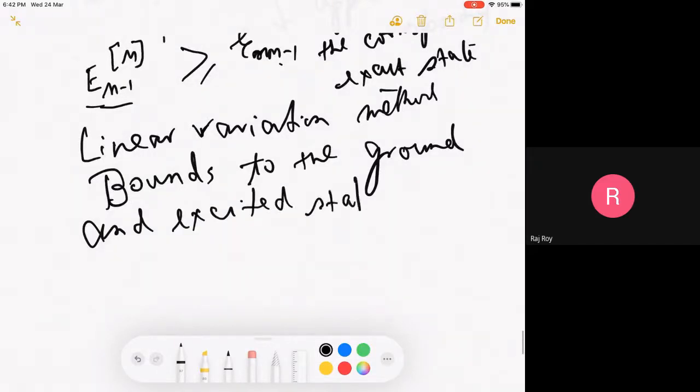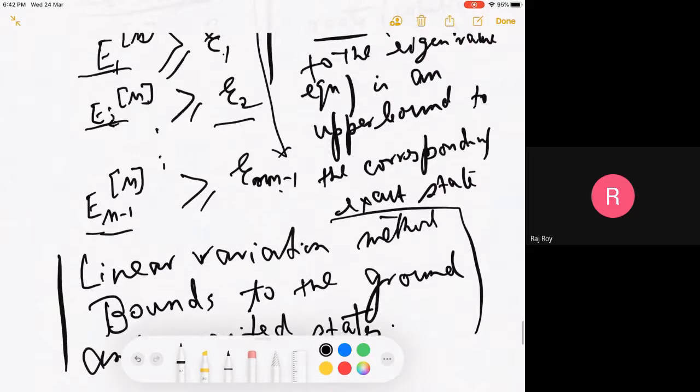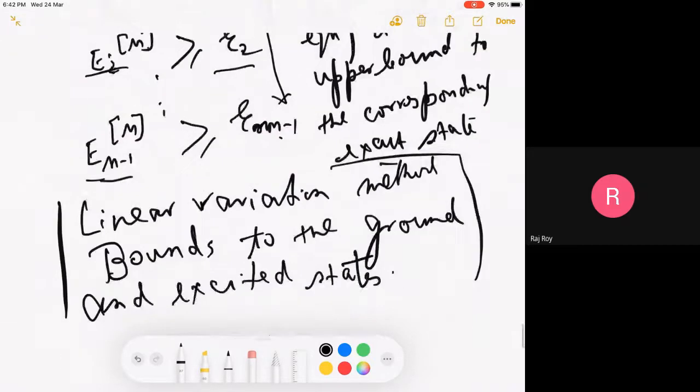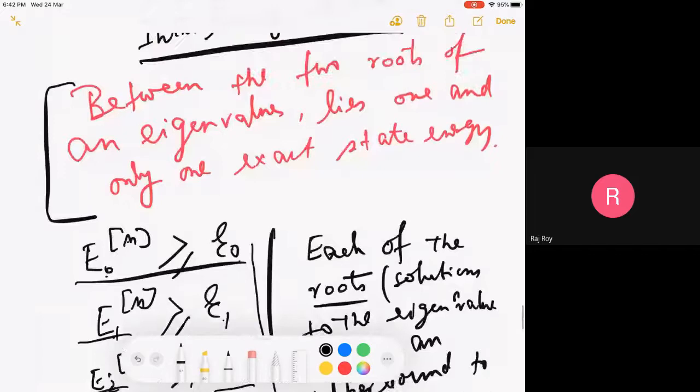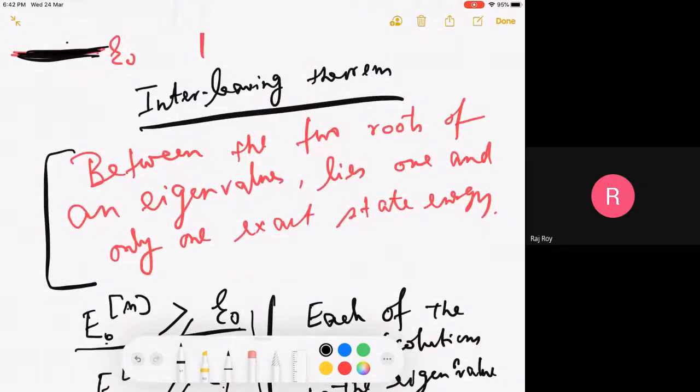These are exact excited states. This is a direct result of the McDonald separation theorem.